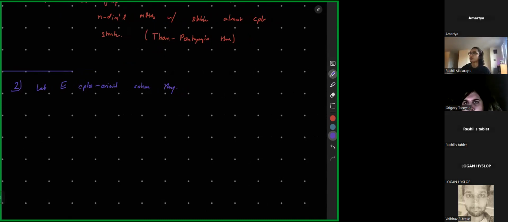So manifolds equipped with a map to this space. Yep, exactly. That's true. Thanks.